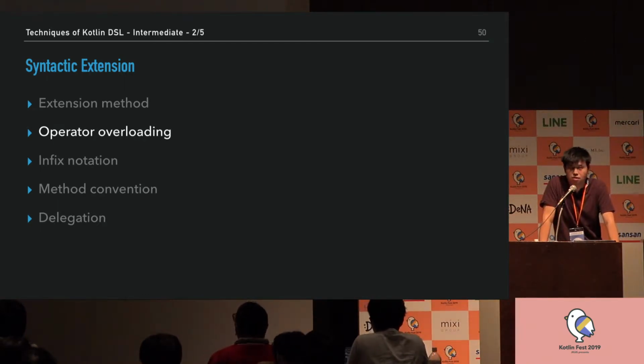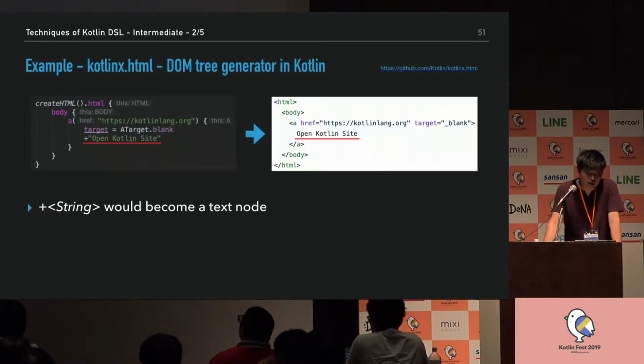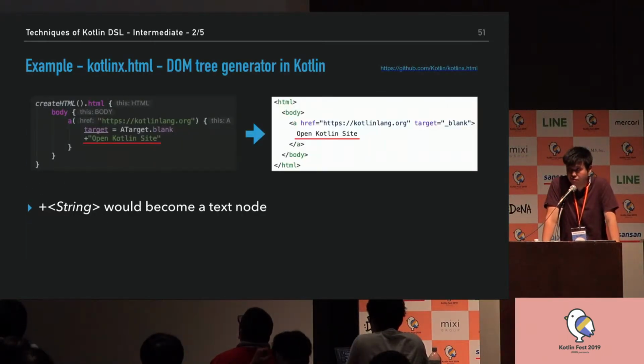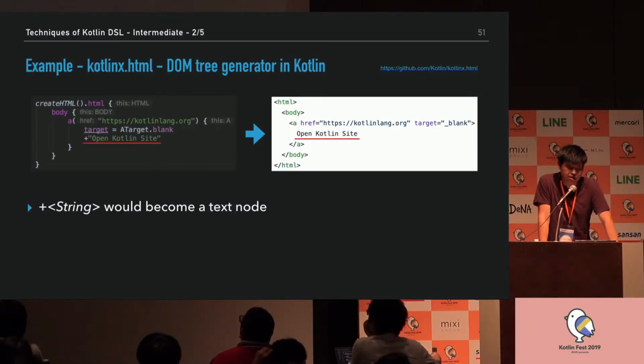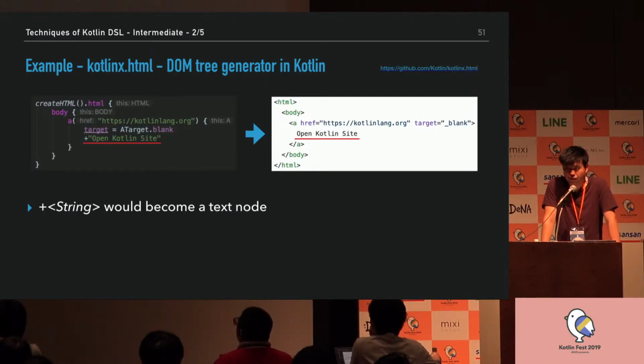The second thing is operator overloading. Let me take the example of kotlinx.html again. kotlinx.html represents HTML tags by block code, basically. For example, HTML with a lambda function will become the HTML tag itself.